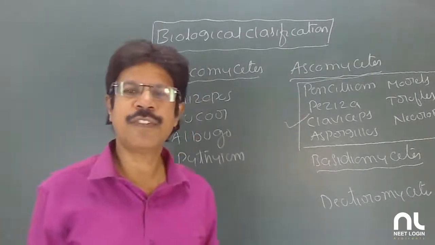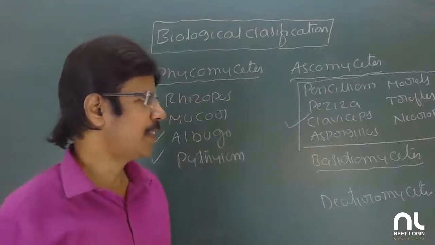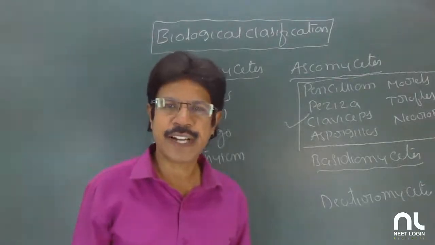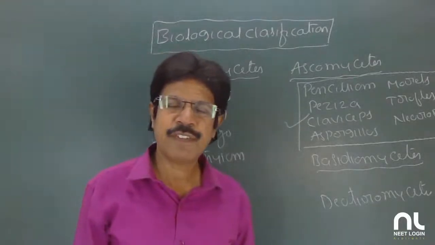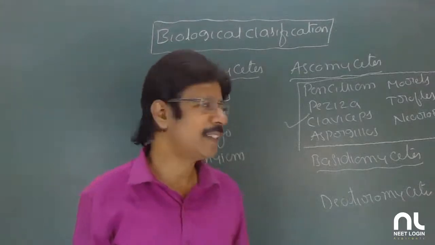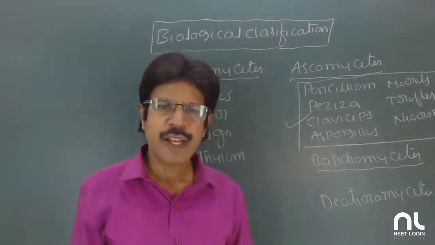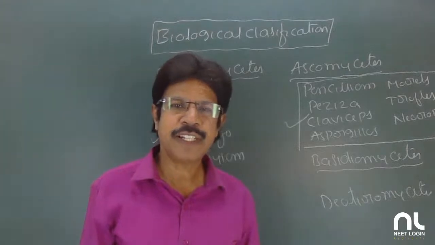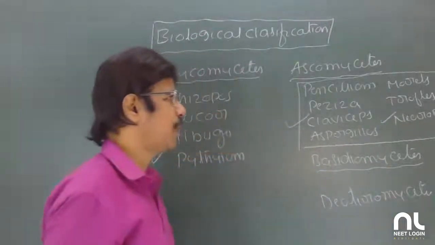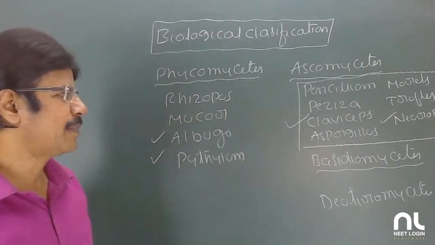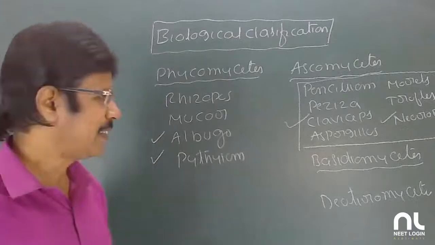Claviceps causes ergot in the rye plant, and the alkaloid ergotamine is obtained. Aspergillus, morels and truffles are delicacies that add flavor to chocolates; morels and truffles are the costliest mushrooms. In biochemical and genetical studies, the Cinderella of genetics is Neurospora. So Penicillium, Claviceps, Aspergillus, Morels, Truffles, and Neurospora come under Ascomycetes.